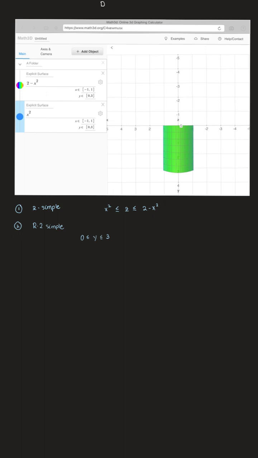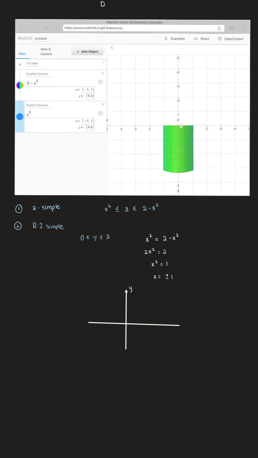To make sure of that, we're going to intersect our two curves and see where these guys meet. So where is x squared equal to 2 minus x squared? If I add x squared to both sides, I get 2x squared equals 2. x squared is equal to 1, and so yes, x equals plus or minus 1 are the points of intersection, so that's going to help us sketch our region on the xy plane and set up our triple integral.